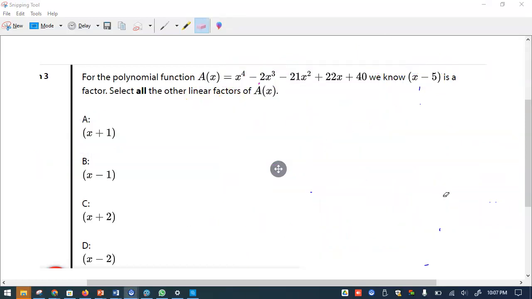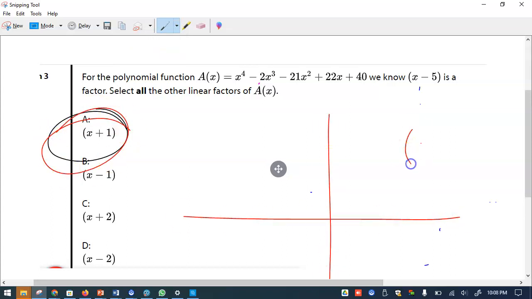So what we'll do is check whether this one is a factor. Remember we have seen the factor theorem. There was x plus 2 and x minus 1, and this was the factored form of the polynomial. What it means is we take the opposite of plus 2, which is minus 2, the opposite of minus 1 is plus 1, the opposite of minus 3.